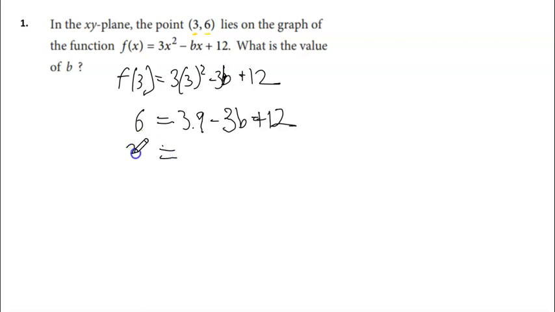So it becomes 3b. And then we have 3 times 9, which is 27. On the right, we already have our 12, which is this one. And this 6 is going to cross over. Over here, it's a plus. When it crosses over, it becomes a minus, right?